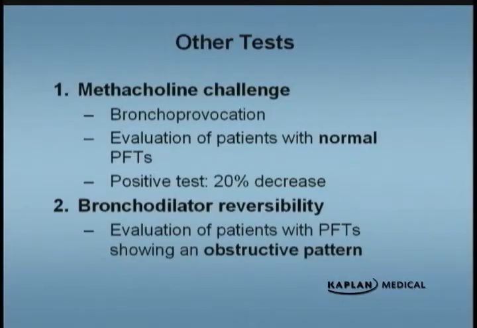So think about things that could cause alveolar hemorrhage: Goodpasture syndrome, lupus, Wegener's disease, right? So things that affect the lung and cause pulmonary hemorrhage. So think about that. And then we want to take a look at a couple of other tests before we do our problems. Let me just tell you a few of them. They're simple tests, but you need to know them for the boards.